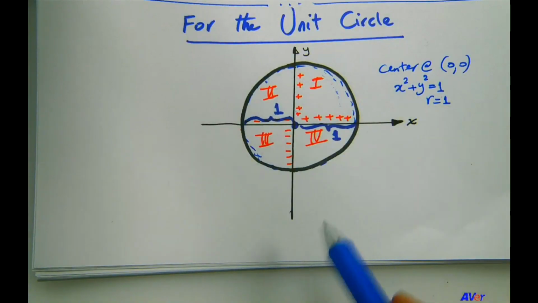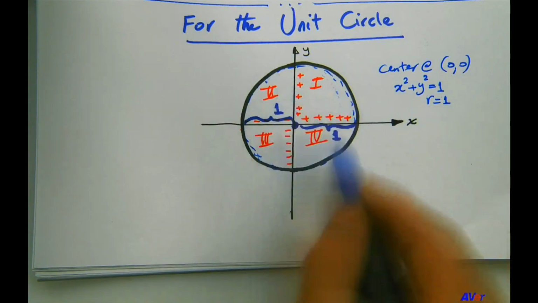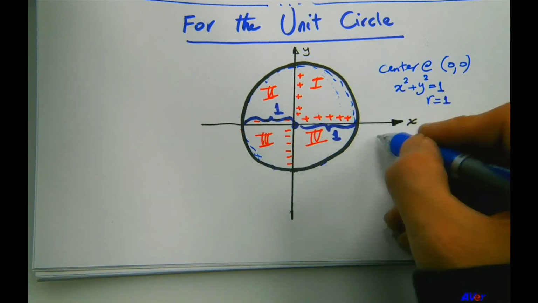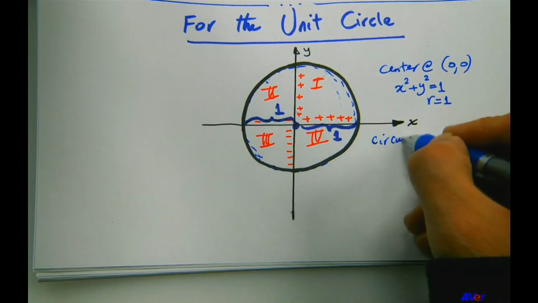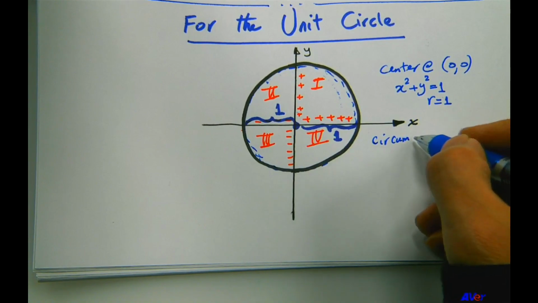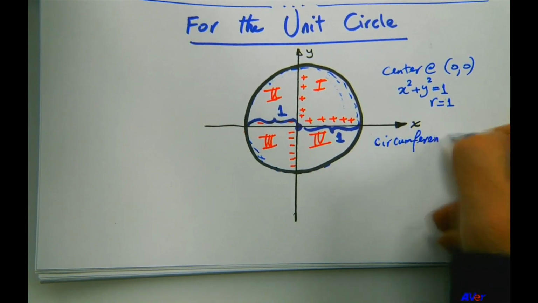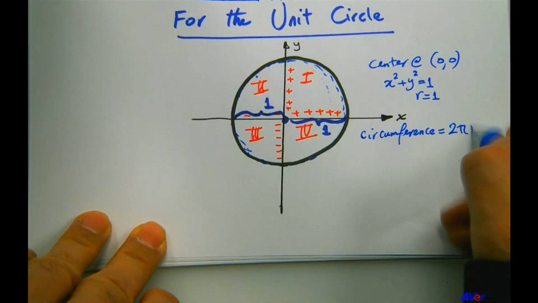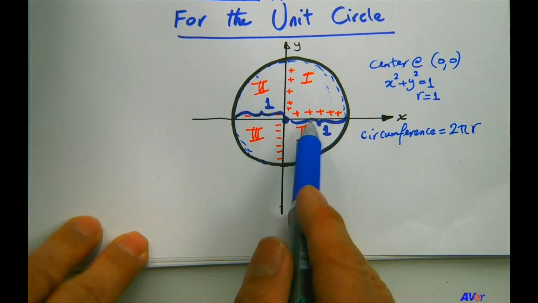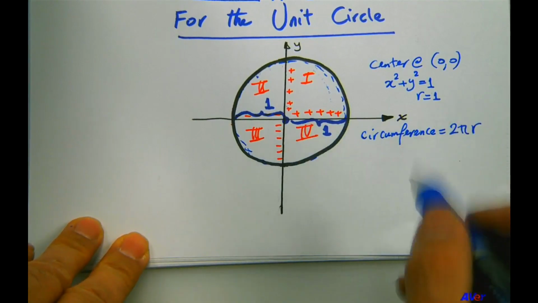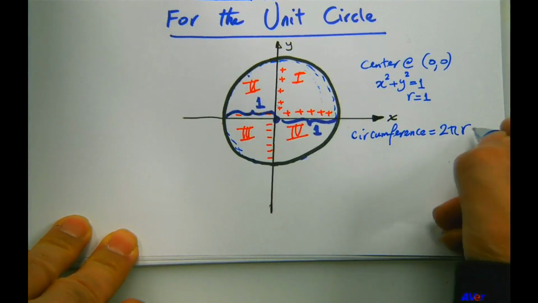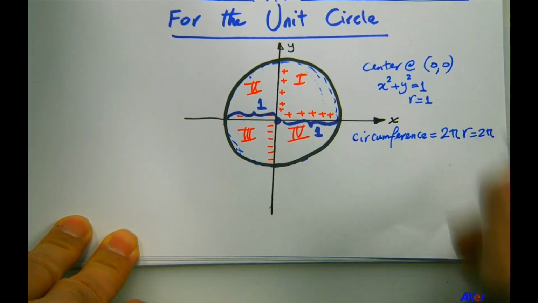The circumference of any circle is 2 pi times the radius. So the circumference of any circle would be 2 pi r, but of course here the radius is 1. So in this case, it would be 2 pi for the unit circle.